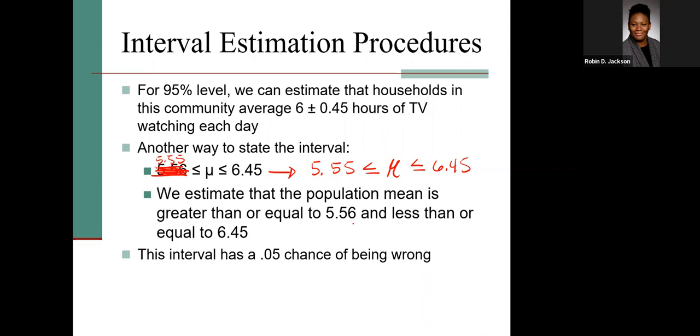Okay. So when it comes to saying this out and how we interpret some of these problems, this is the interpretation for problem 4. So for the 95% level, we can estimate that households in this community average 6 plus or minus 0.45 hours of TV watching every day.